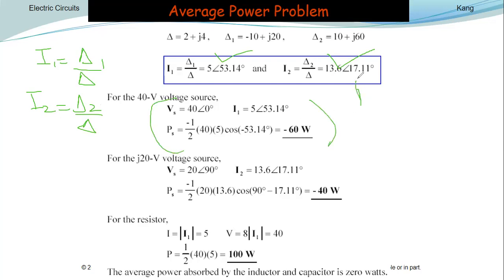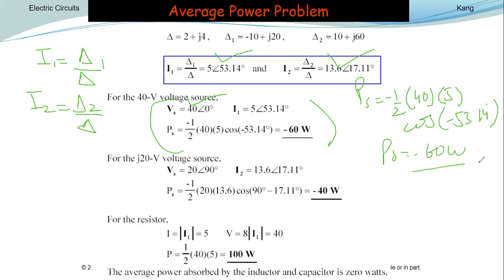As the power P of S equals negative 1 upon 2 with the voltage value, which equals 40, with the current value 5 into cos minus 50, this will be minus 60 volt. For the second, it will be the same, minus 2 with this value 20 with the value of 13.6 with the cos 90 minus 17.11.